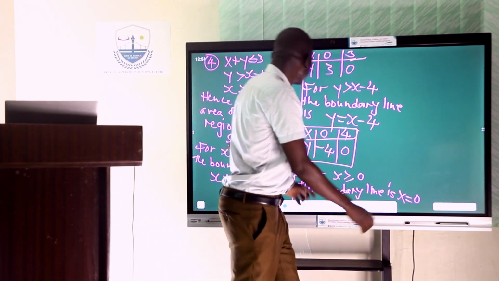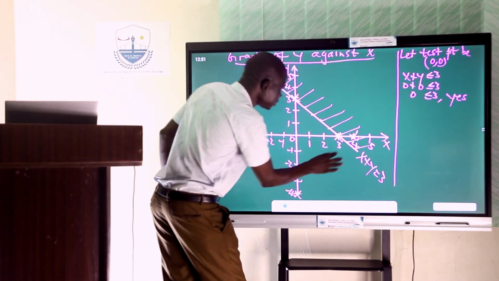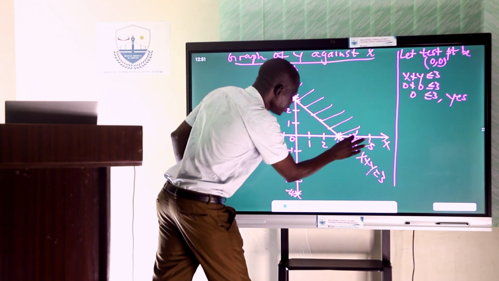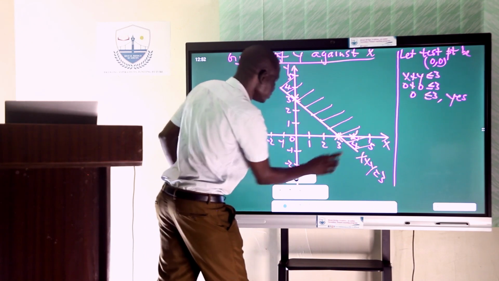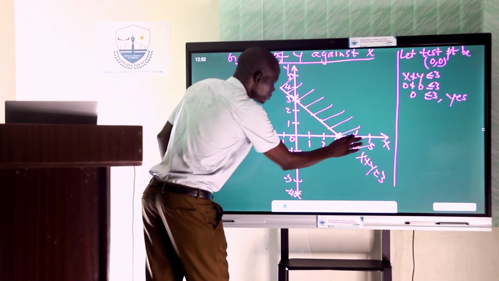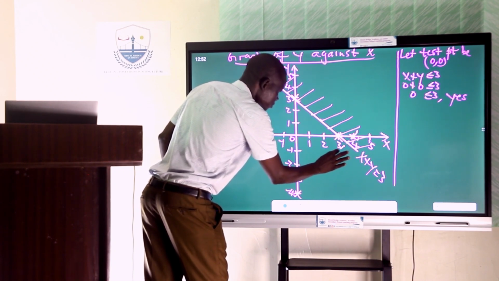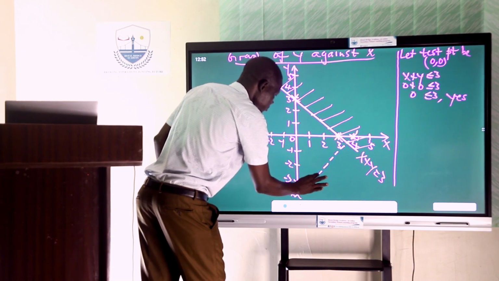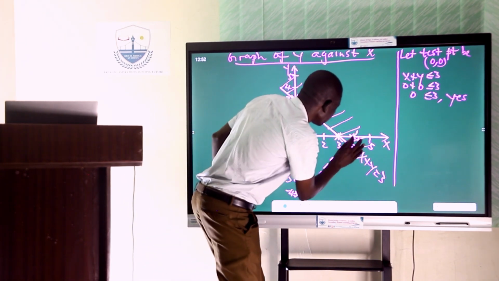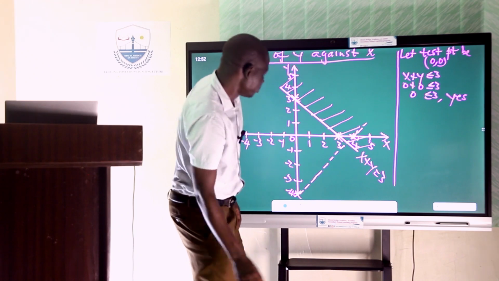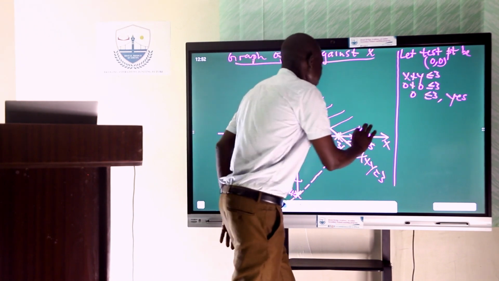So we join using the broken line. So this is the equation.